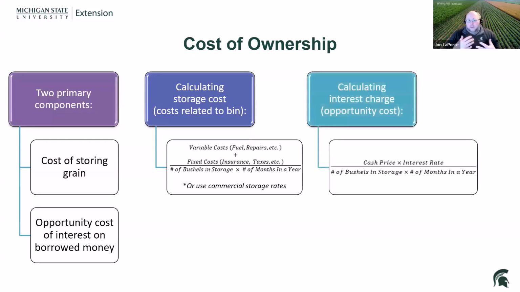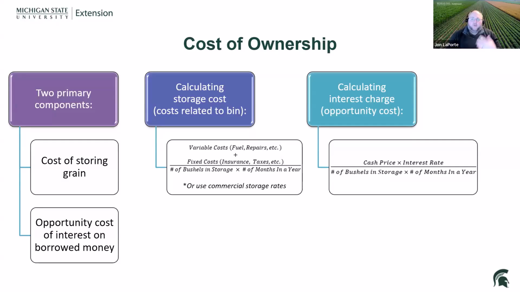In terms of calculating an interest charge, this is more of an opportunity cost idea, where you look at that cash price that's available and you take the interest rate. Maybe it's on an existing loan you have, maybe the current available interest rate at a lender right now. The United States government has a 20-year Fed note that you can look at to get an idea of an interest rate.